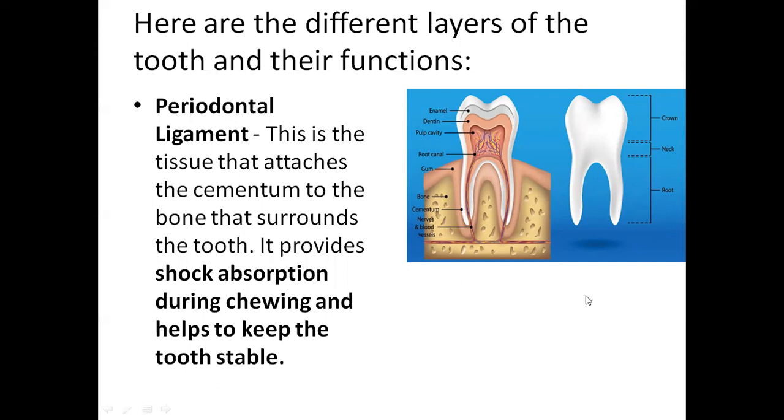Then we have what we call the periodontal ligament. This is the tissue that attaches the cementum to the bone that surrounds the tooth. It provides shock absorption during chewing and helps to keep the tooth stable. But the main function is the shock absorption during chewing.